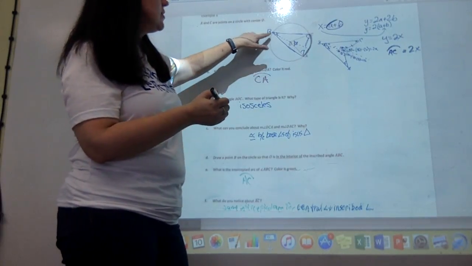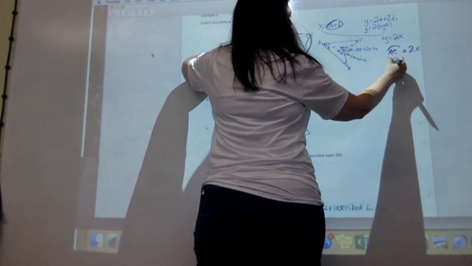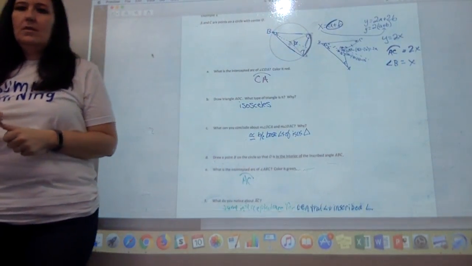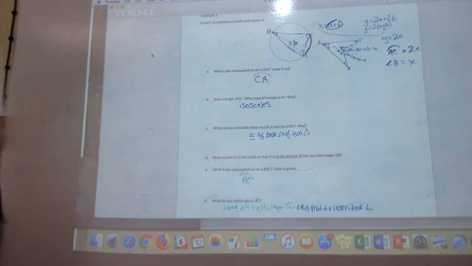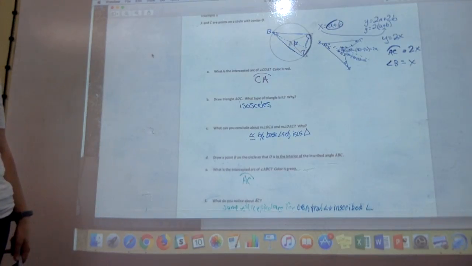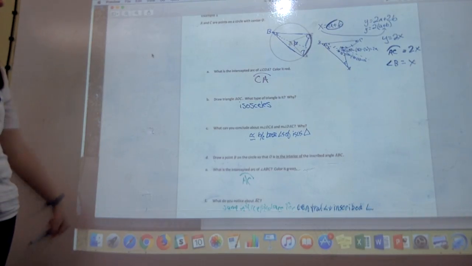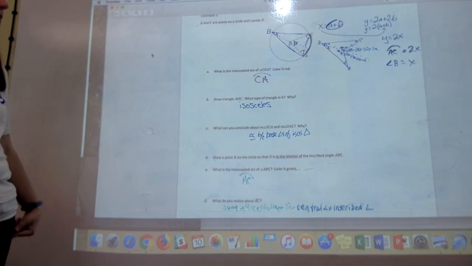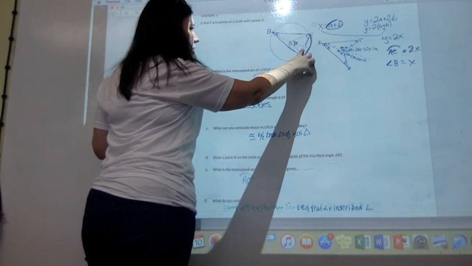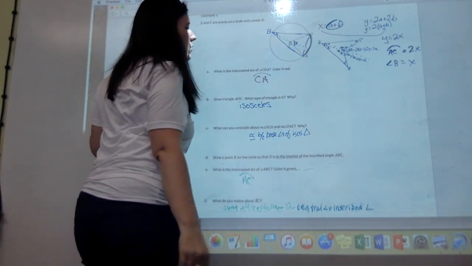And then that makes angle B equal to X. I kept looking at my proof and I was like, that doesn't look right. I can't just assume that it cuts in. I don't know why they told us that these are equal. We really don't need to know that.